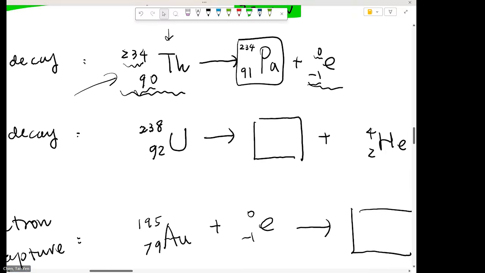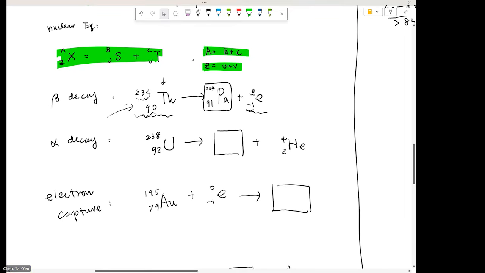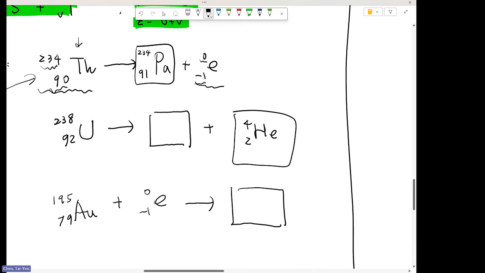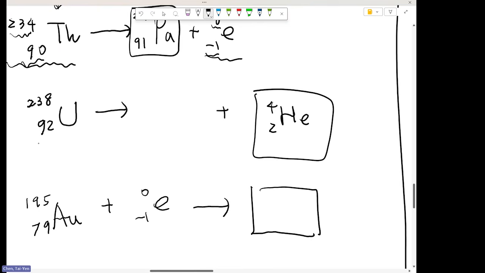Second, if I say some particle undergoes an alpha decay, that means something is going to form on the product side, and that is your alpha particle, helium-4. Now you can start to write out your proton number: 92, minus 2, therefore this must be 90.